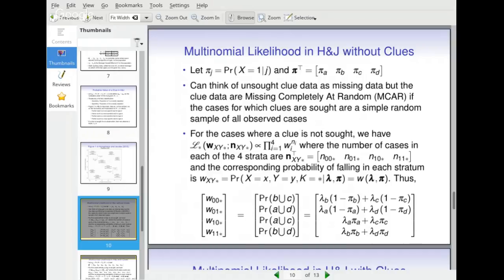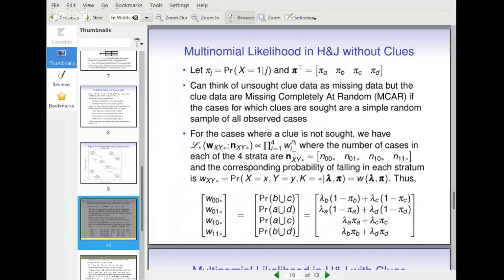And we can express the probability of being B or C in terms of various elements of lambda and pi. So the first one here is lambda B, which is the proportion of countries that are type B. We don't know what that is, but we're going to estimate it.